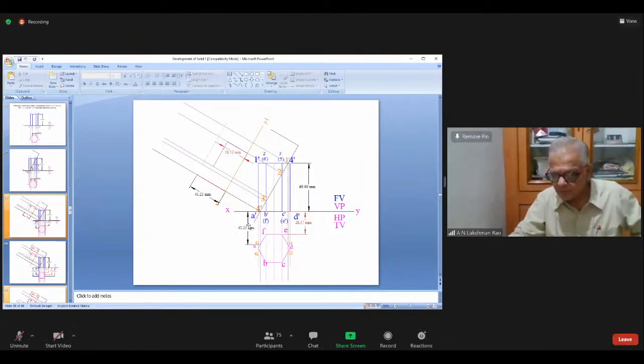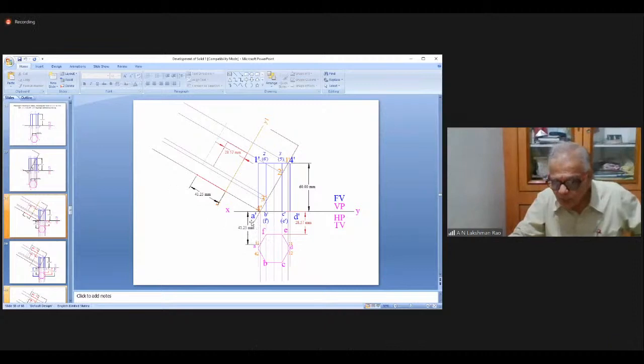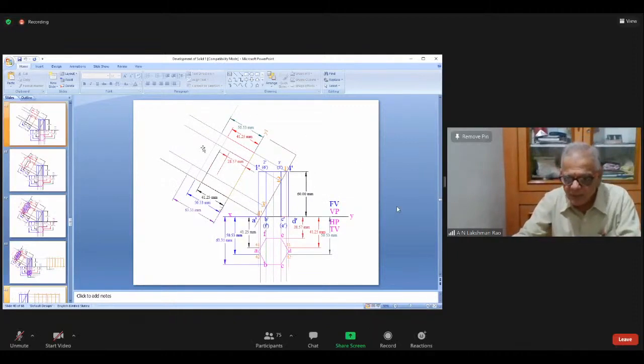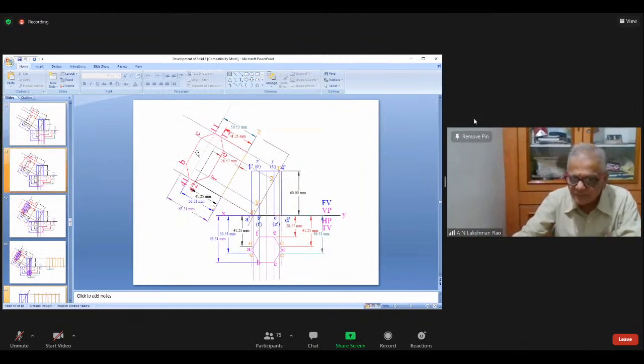Now, what is more important is the corresponding points. If 41.25 is on A, you mark 41.25 on A and D. F and E, 28.25, like that. You mark all those things, then you get the points.